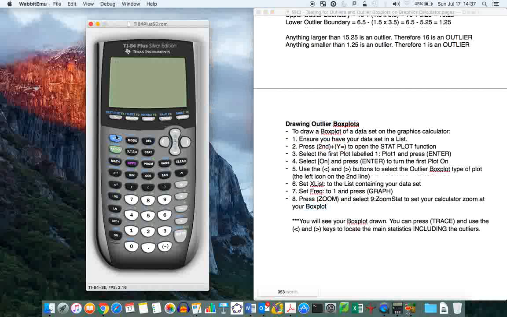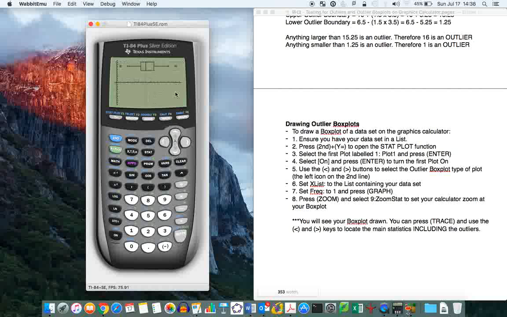I briefly talked about that in the box plot video, but if you go second, stat plot, turn the plot on, and this time select this icon, which is the box plot with dots on it, which indicate outliers. Set the X list to L1. You can have the mark be whatever you want, it doesn't matter. Press graph, and now I want to zoom so I can actually see my statistics.